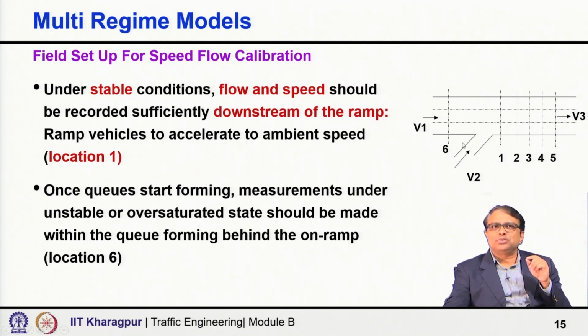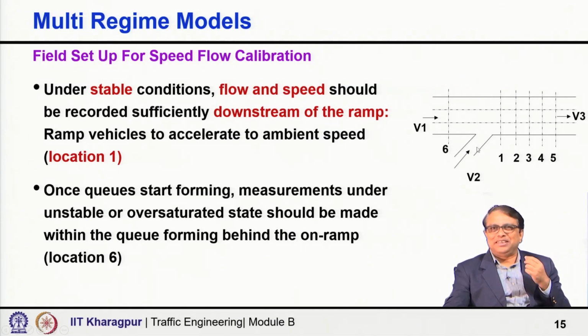Why sufficiently downstream? As shown, point 1 may be that location. The reason is that ramp vehicles will then be able to accelerate to the ambient speed.